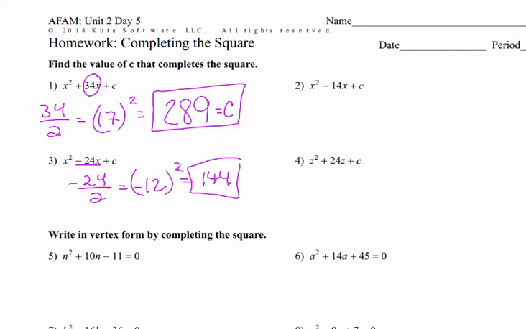What'd you guys get for 2? Yep. And what'd you get for 4? Yep. 144.